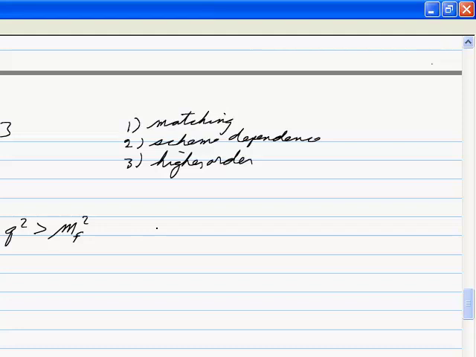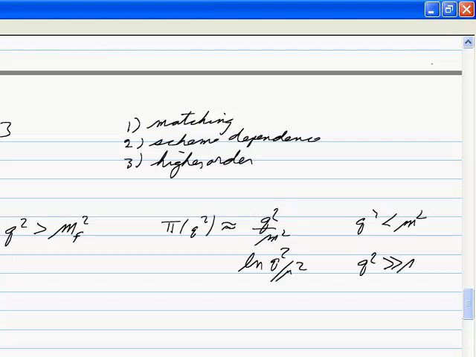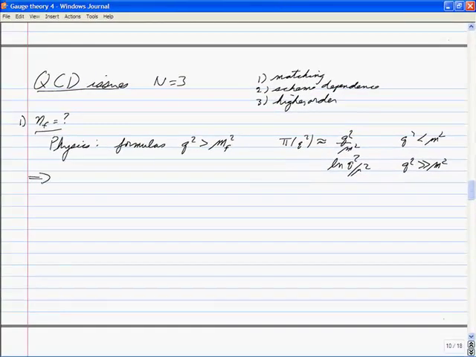So, for example, we have pi of Q squared goes like Q squared over M squared for Q squared less than M squared, but it goes like log Q squared over mu squared for Q squared much bigger than M squared. So the rule here is that you only use quarks lighter than the scale that you're working at.